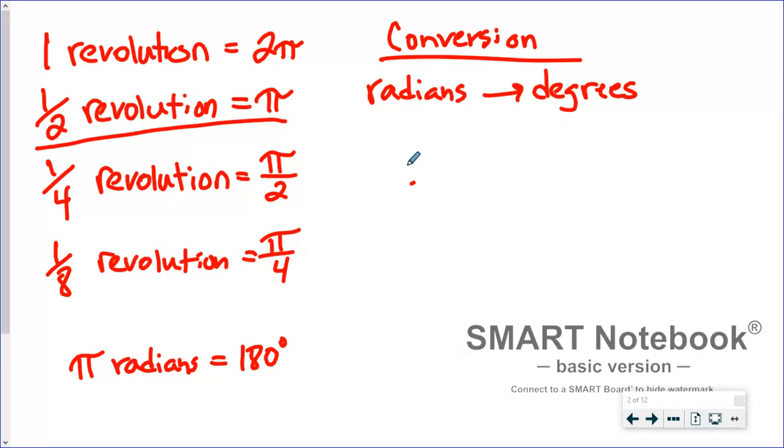Typically, whenever you're converting, whatever unit you want left, you put on top. So all you have to do here is multiply by, I'm sorry, by 180 over pi.